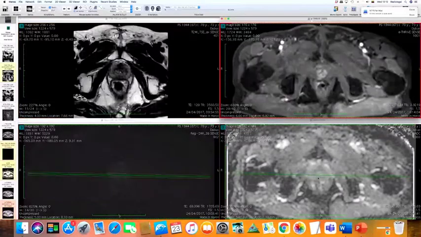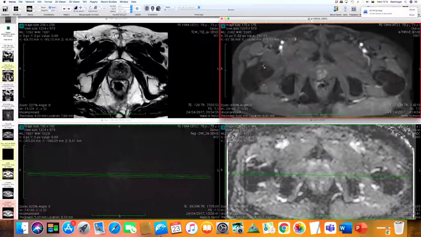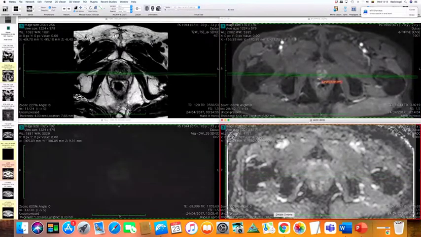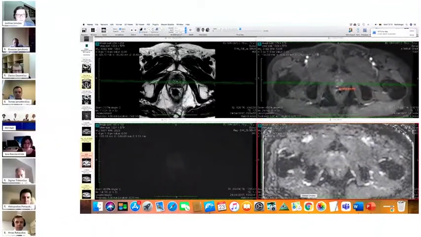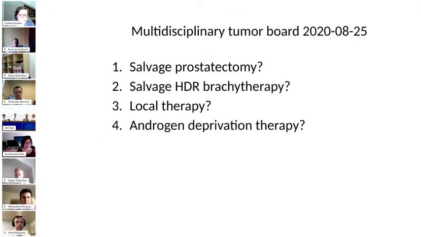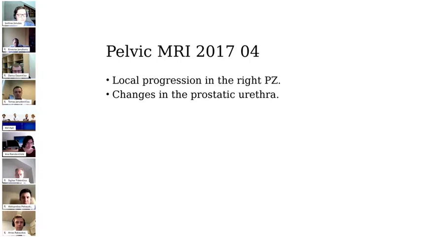So it's very suspicious for local recurrence. This is a small focus of 7-8 millimeters in size. Can we jump back? Yeah, thank you. Wrong slides. Yeah, this one.